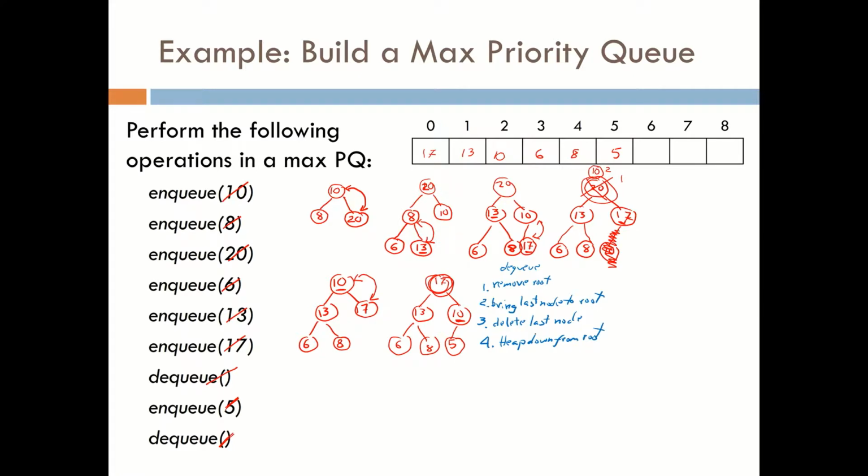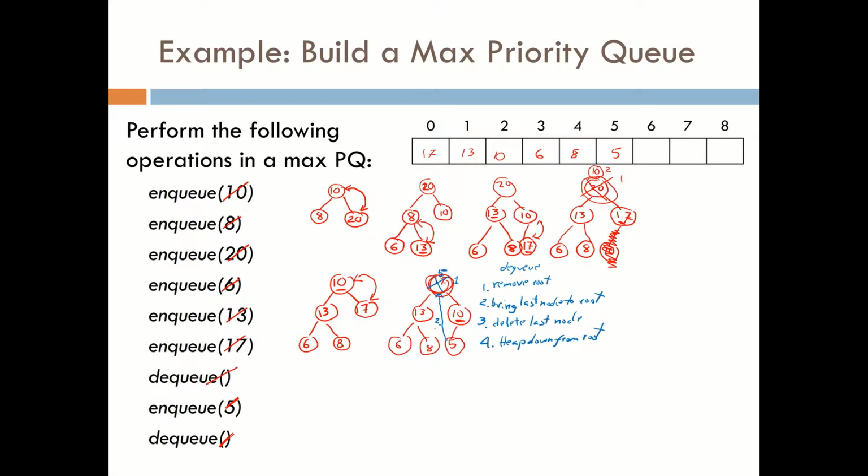Okay, so let's do this to our tree. We get rid of the 17. Okay, that's step 1. Okay, we copy the 5 into the 17's position. That is step 2. Okay, we delete, so the 5 is now here.